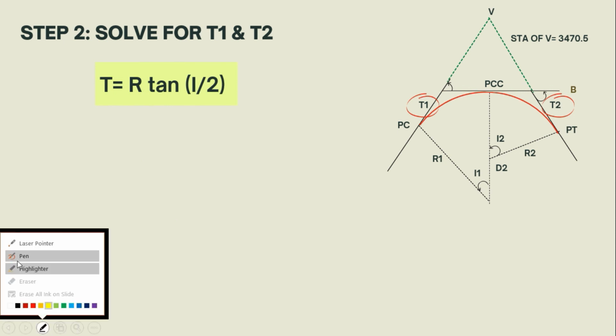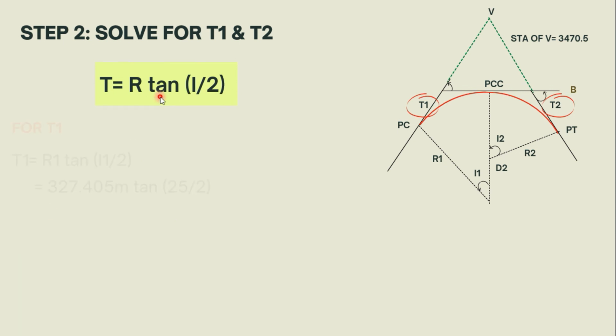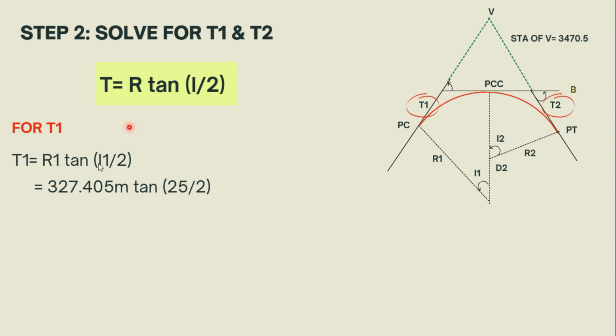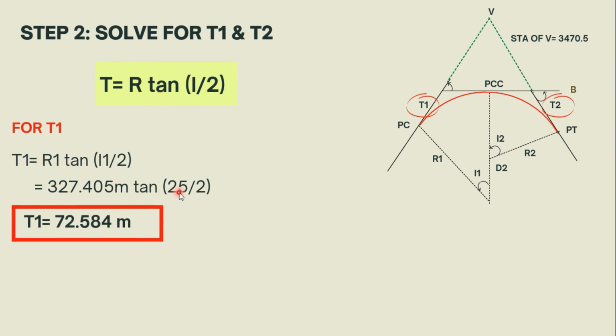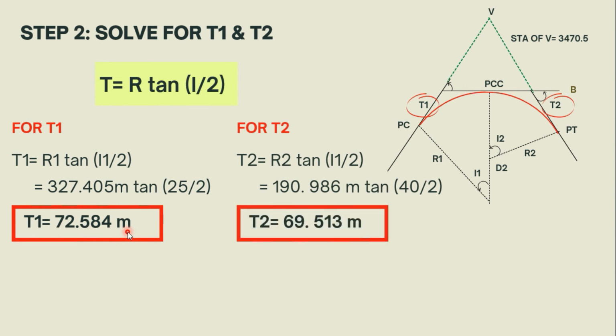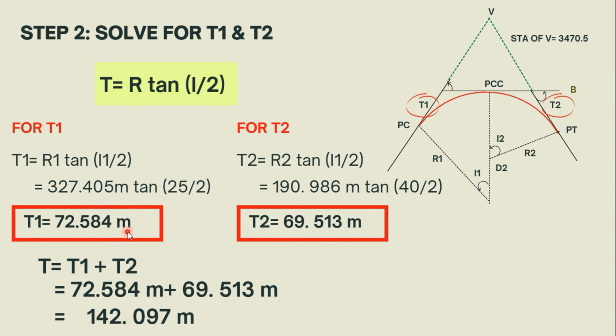So for T1, you just have to substitute the value of radius 1 and the central angle of the first curve. Do a simple math and you can get the value for T1 of 72.584 meters and for T2 is 69.513 meters.